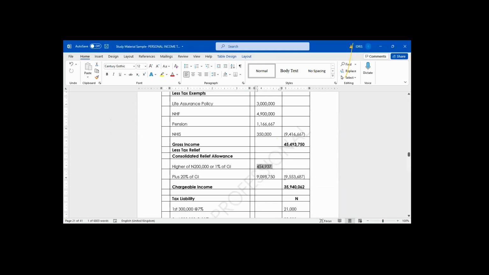You will now minus that from the gross income. If you minus that from gross income, your chargeable income will give you 35,940,062. That is your chargeable income.